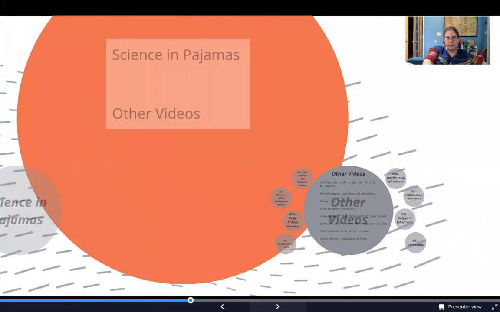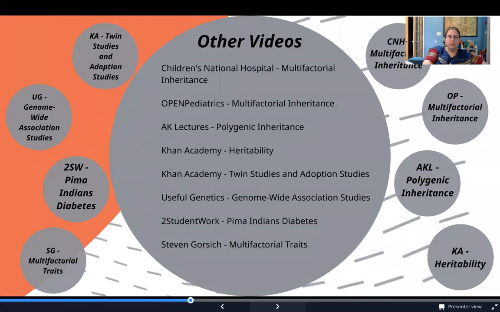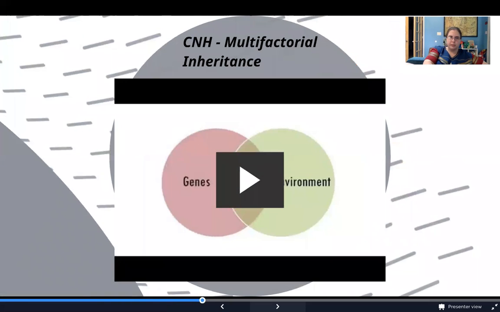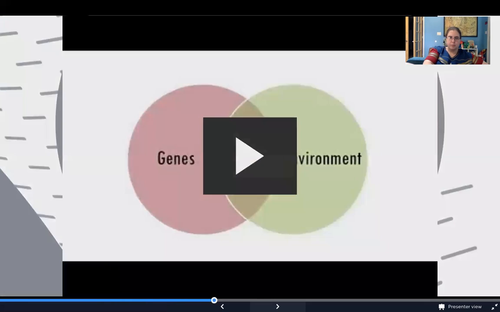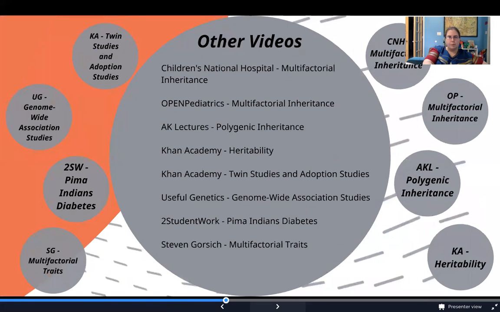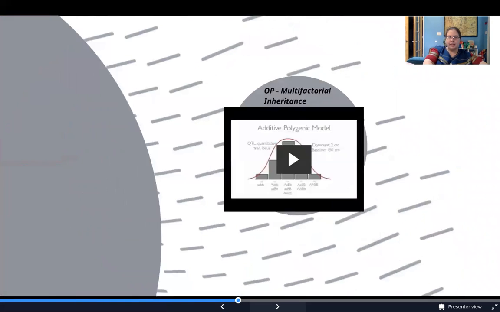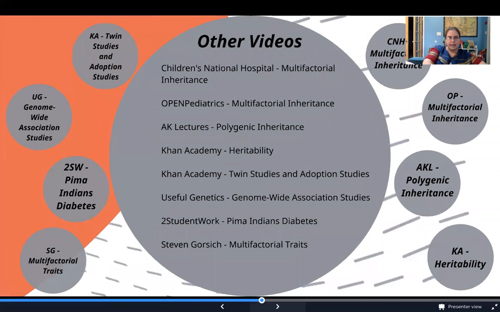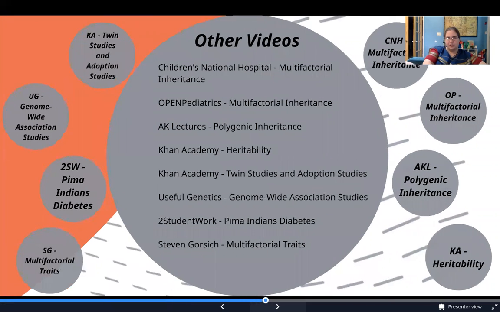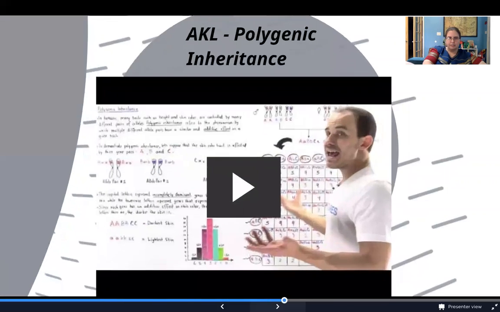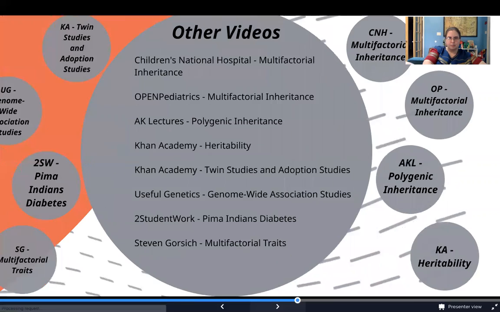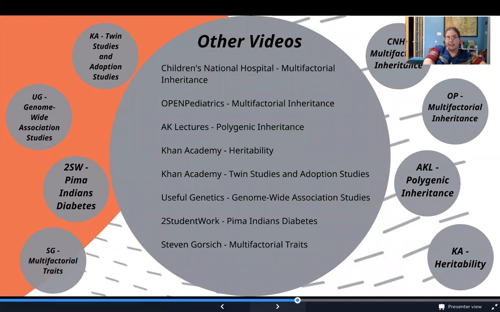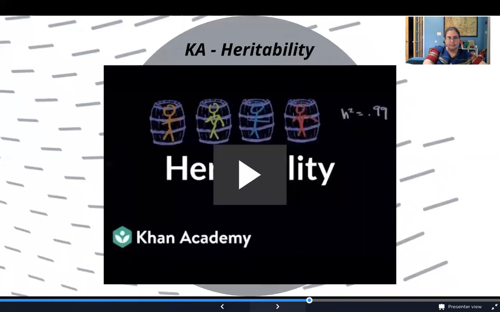Additional resources or other videos: we have Children's National Hospital Multifactorial Inheritance. We have Open Pediatrics Multifactorial Inheritance. We have AK Lectures on polygenic inheritance. We have Khan Academy on heritability.